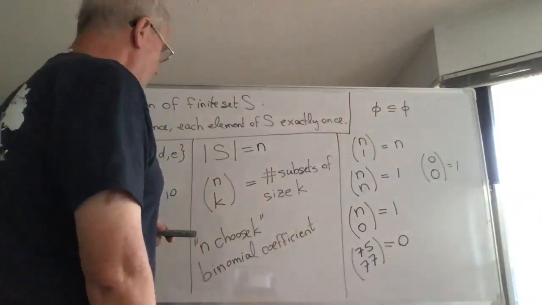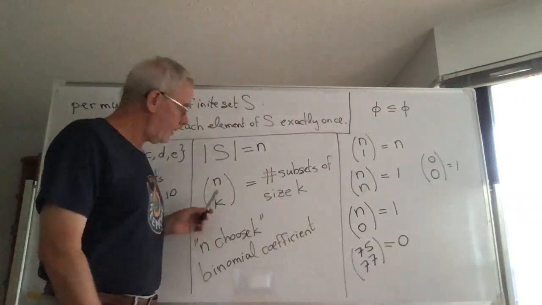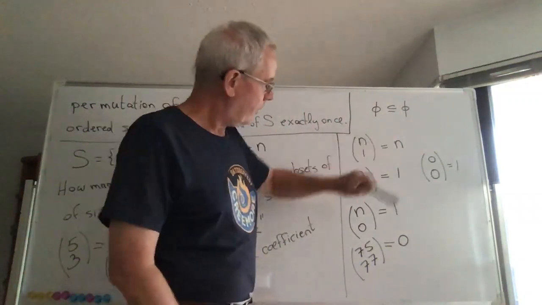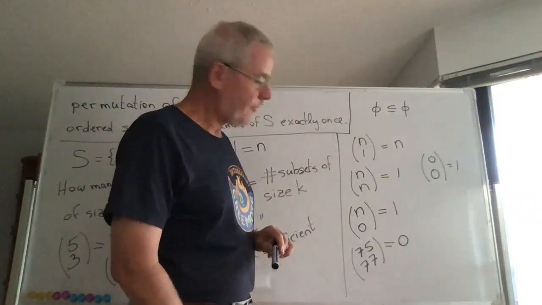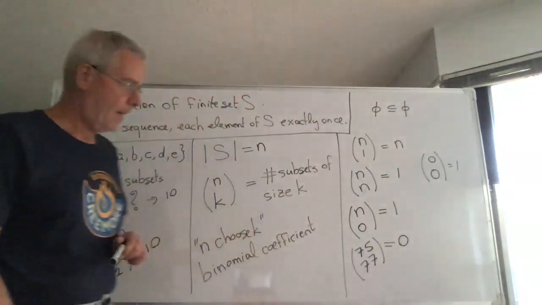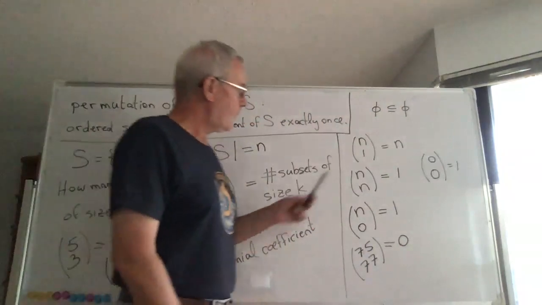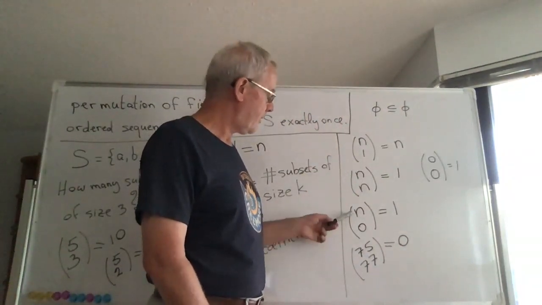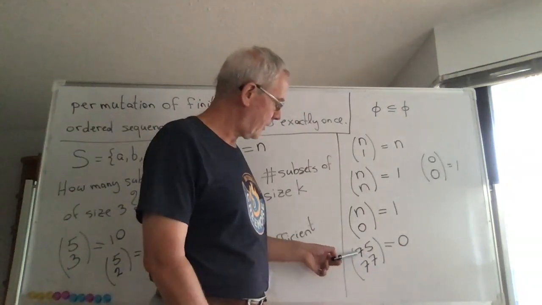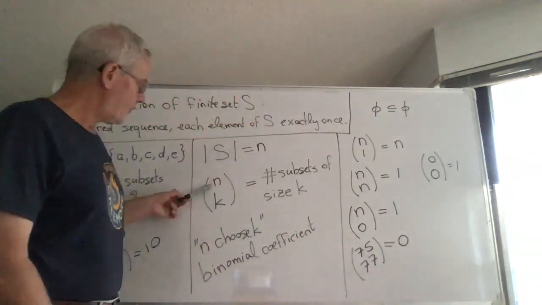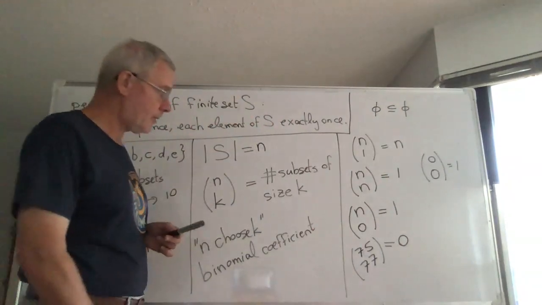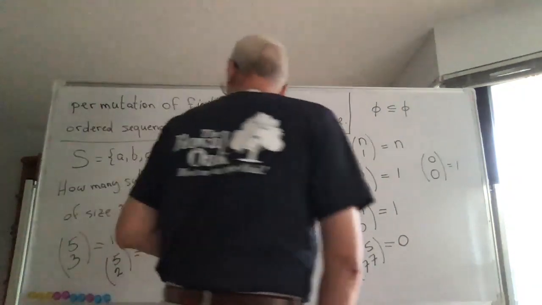So here we see the value of n choose k for different values of k. N choose 1, that's an easy one. N choose n is easy. N choose 0 is easy. N choose k, where k is bigger than n, that's equal to 0, also easy.